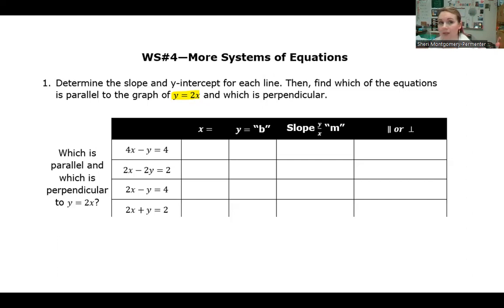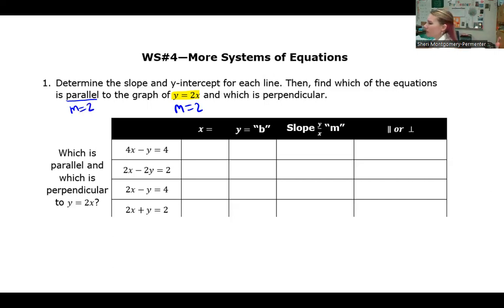What's the slope of y is equal to 2x? So it is 2/1 or just 2. Juliet said that when we look for something parallel, it needs to be the same, so it will also have to be 2.